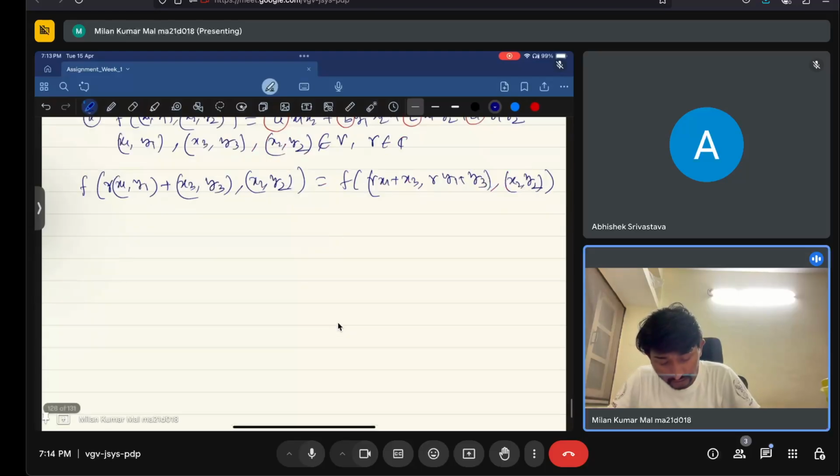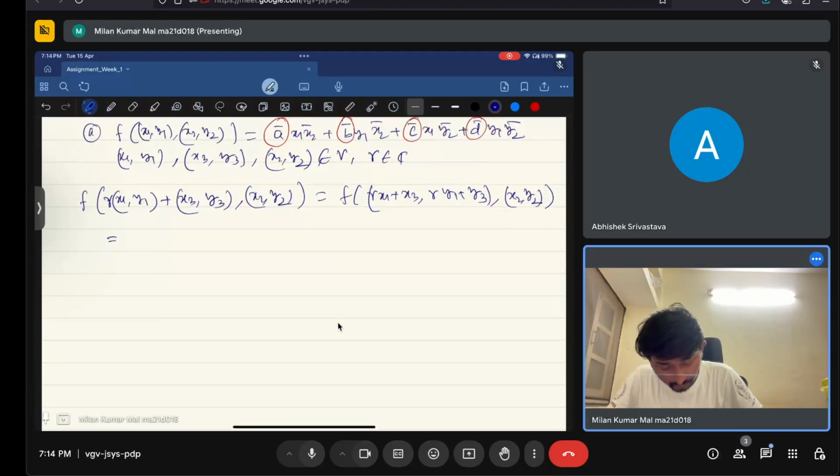So by definition, this is now the new x1, and this is now the new y1, and this is as usual x2, y2.